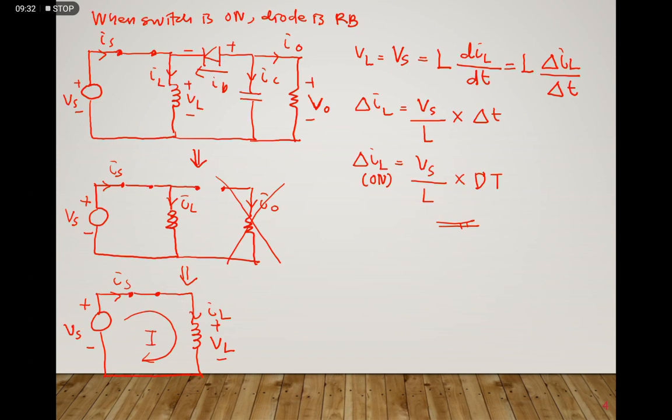Then we proceed to the second equivalent circuit when your switch is off and your diode becomes forward biased. We replace the switch by an open circuit here, and your diode will become a short circuit.